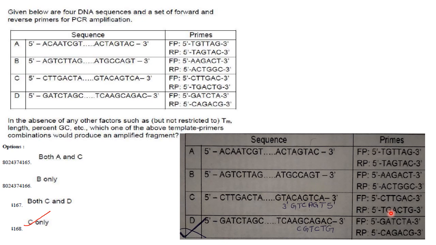So that is correct. C is correct. D, the forward primer is correct, but the reverse primer is CAG, it is GTC. So that is not correct. So the answer that is correct here is only option C. That is C only.